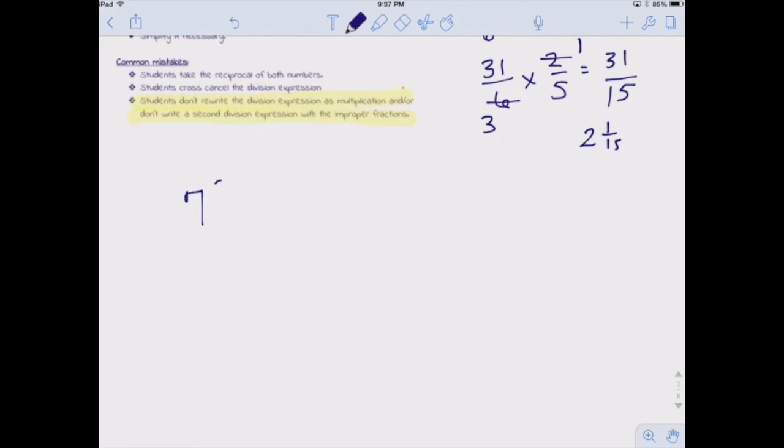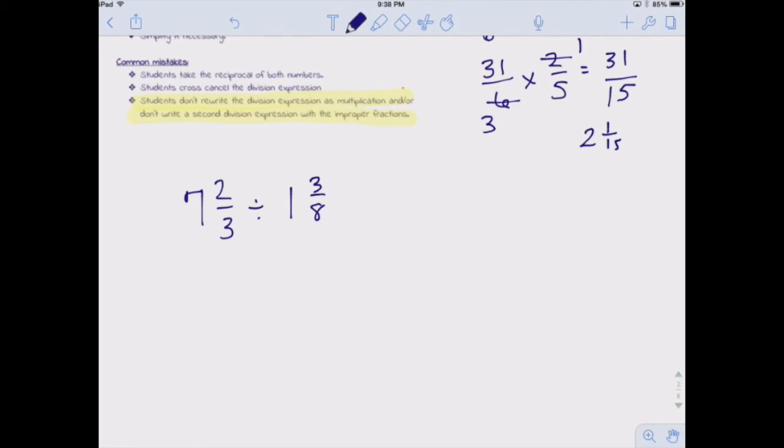7 2/3. Oh, not times, we're doing division. Divided by 1 3/8. Okay.